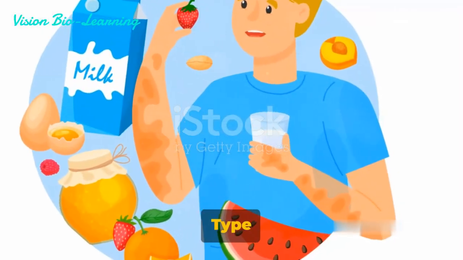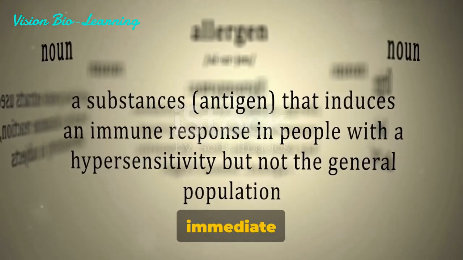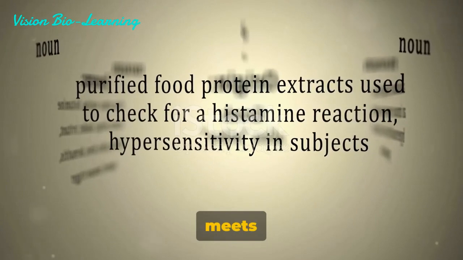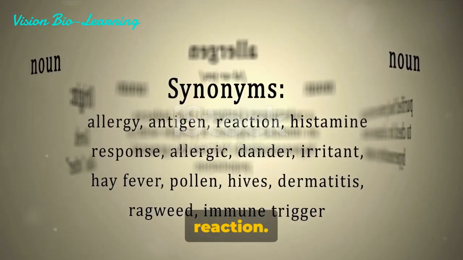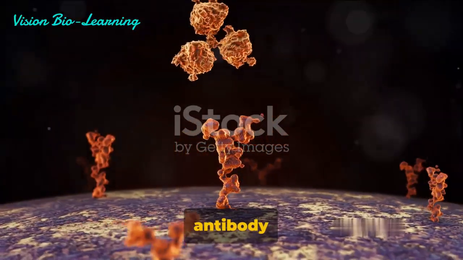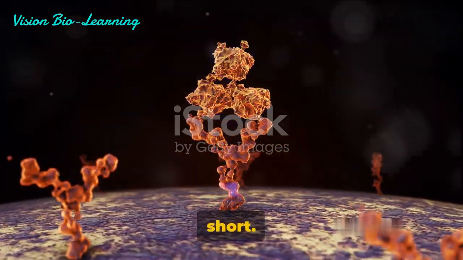Starting off with type 1 hypersensitivity reaction, also known as immediate hypersensitivity. In this interaction, our immune system meets an allergen, a foreign substance that triggers an allergic reaction. The immune system responds by producing a specific type of antibody known as immunoglobulin E, or IgE for short.